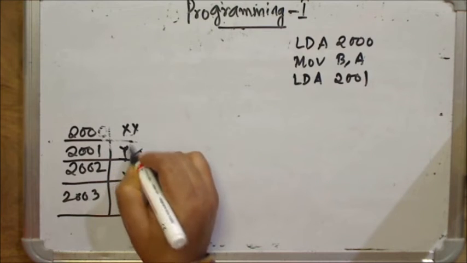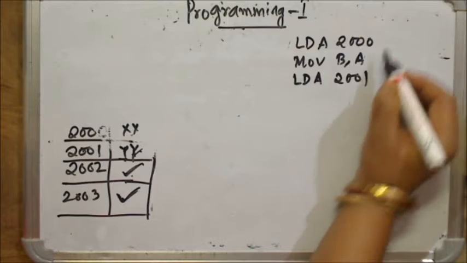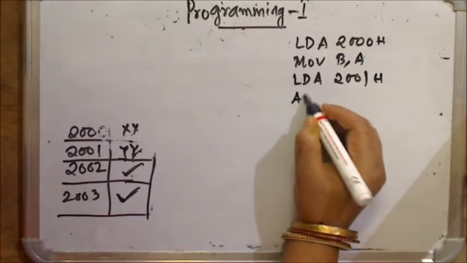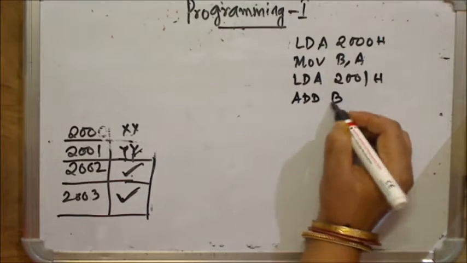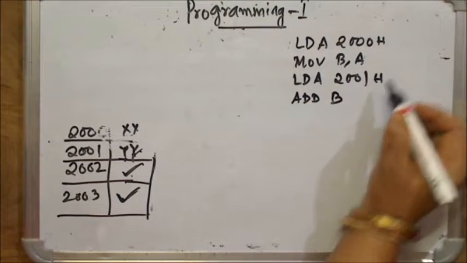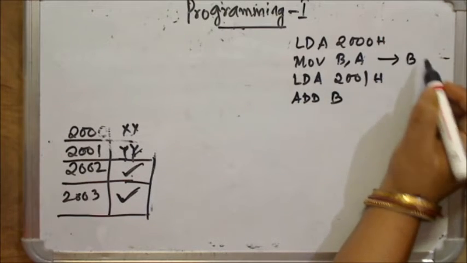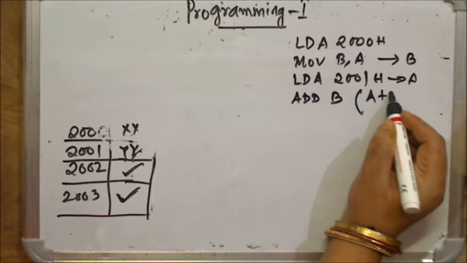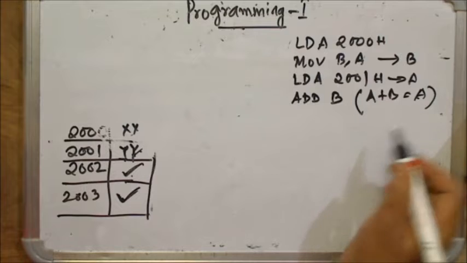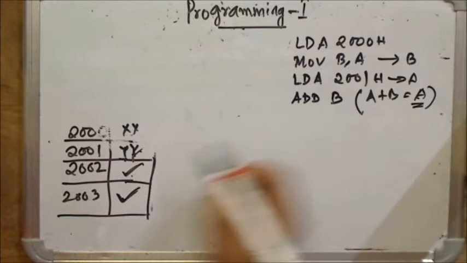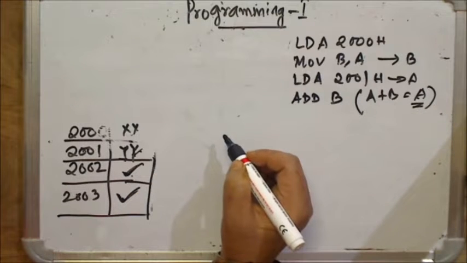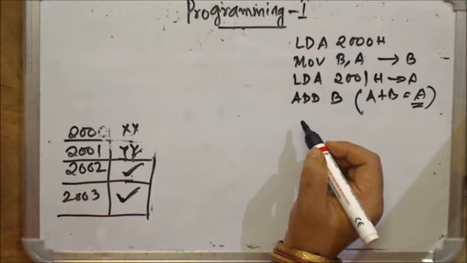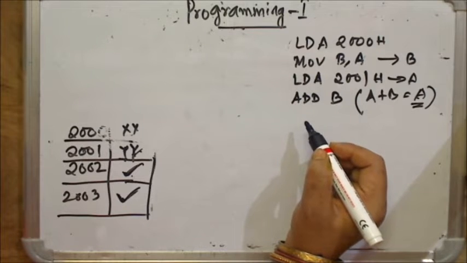Then ADD B. You have loaded both the numbers, one in B and the second in A, and added both numbers, and the result is stored in A. So we want to store the result in memory location 2002 as told in the question. What will be the instruction?